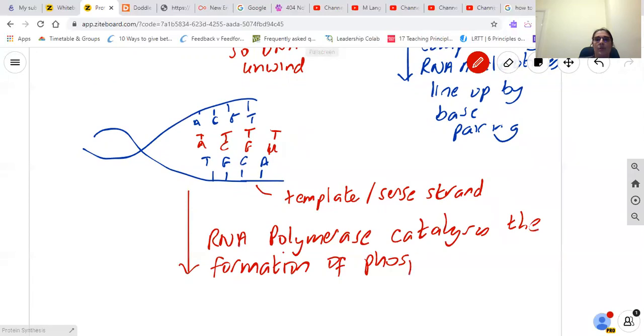And it's really important that you do know the job of RNA polymerase. It's not always clearly given in books.